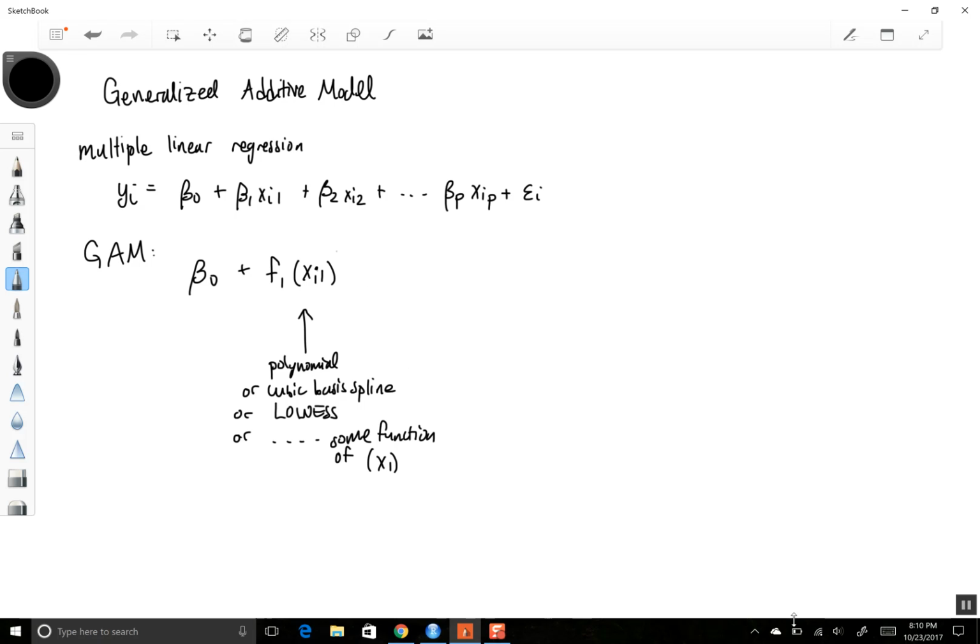And then we have some other function f2 of x_i2 all the way up to some pth function of x_i p.